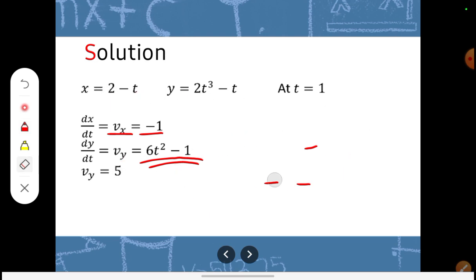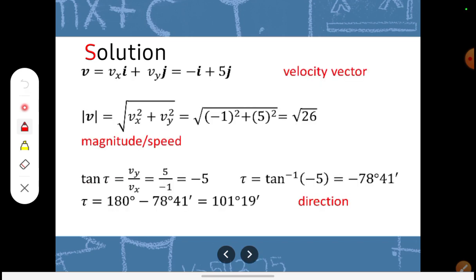Now we already have v sub x equal to negative 1 and v sub y equal to 5. So now we will solve for our velocity vector. For our velocity vector, v is equal to v sub x i plus v sub y j according to the formula.